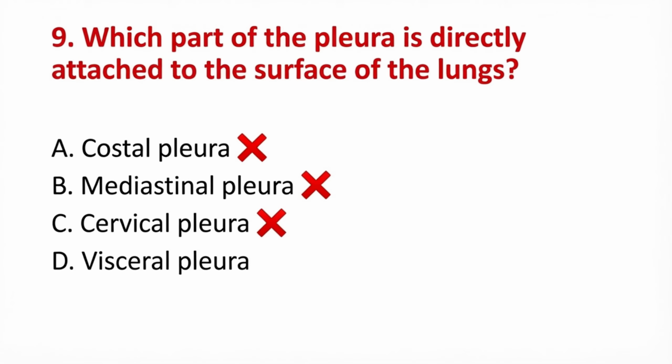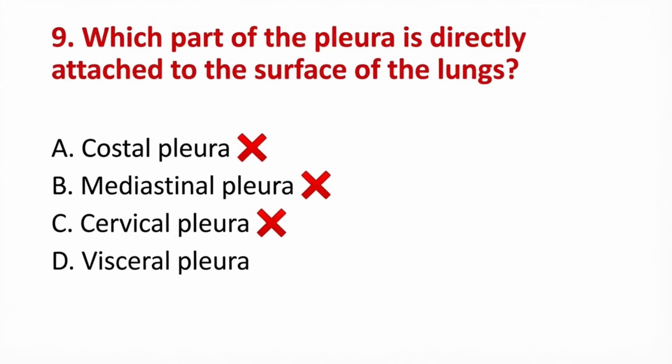Also, option C is incorrect because the cervical pleura, also called the cupula, extends into the root of the neck above the first rib and does not directly cover the lung surface.